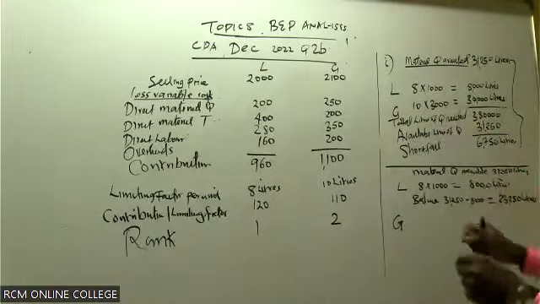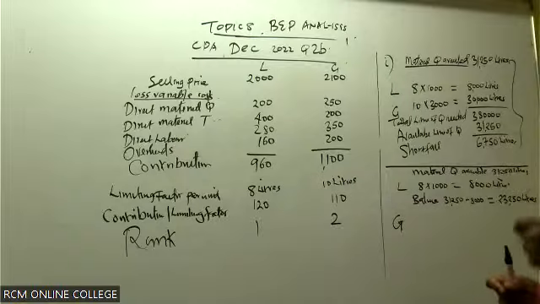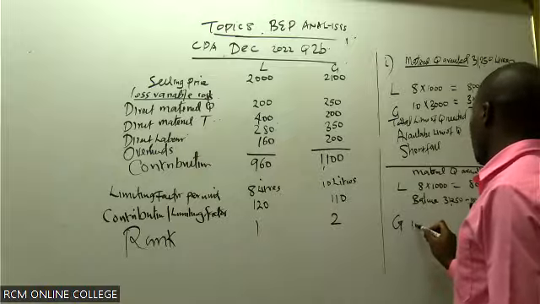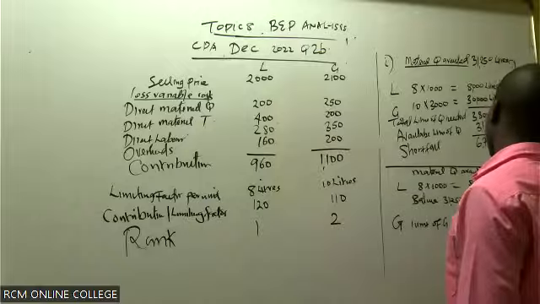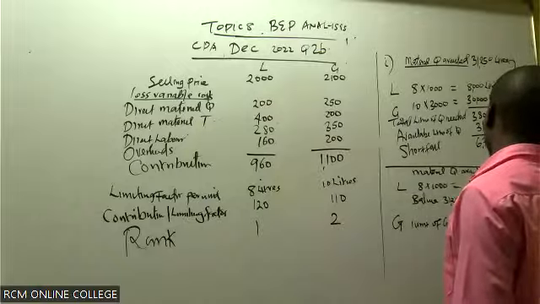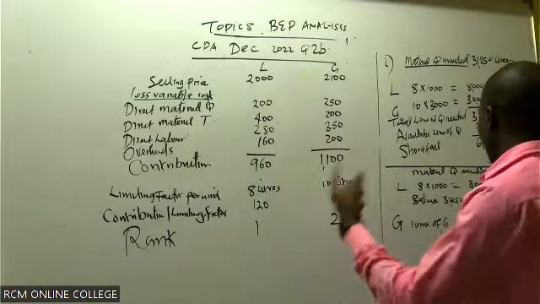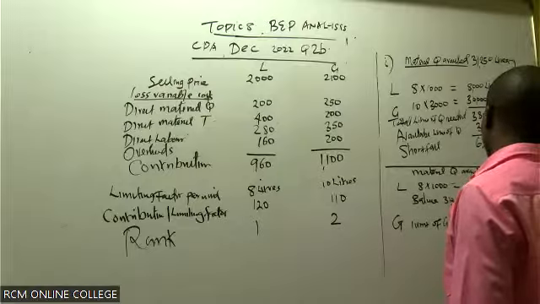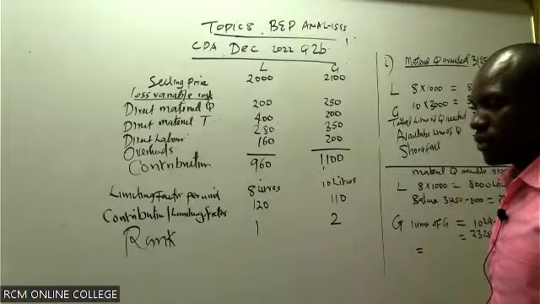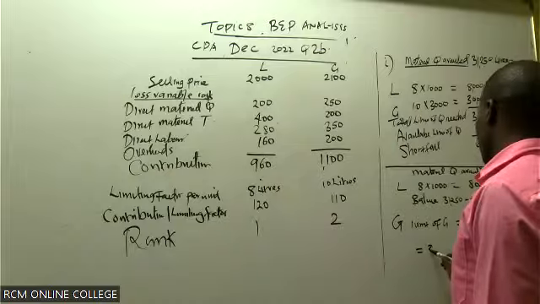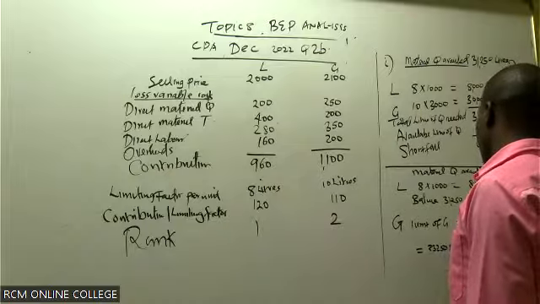So how many units of G will the company manage to produce? 1 unit of G is equivalent to 10 liters. But the balance that is remaining is 23,250 liters. So how many units of G will they manage to produce? 23,250 times 1 over 10.